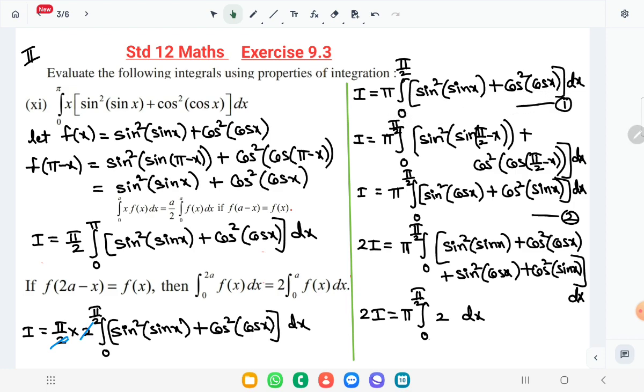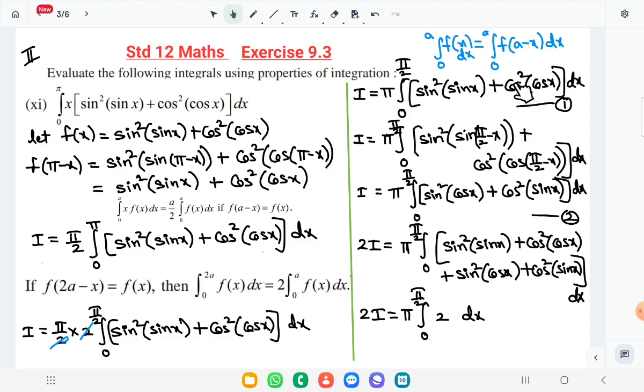Now here we can apply the condition integral of 0 to a f of x is equal to integral of 0 to a f of a minus x dx. So we can substitute this condition here. In x place I am replacing x by a minus x, so a minus x means pi by 2 minus x in x place.